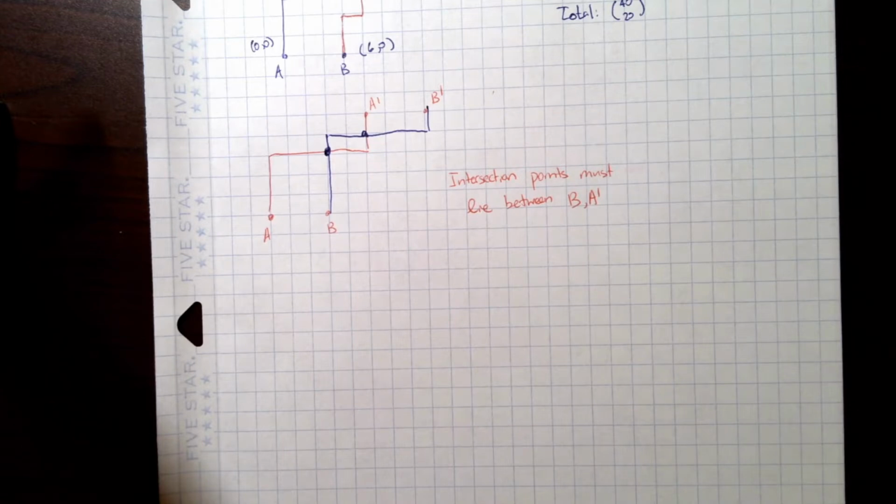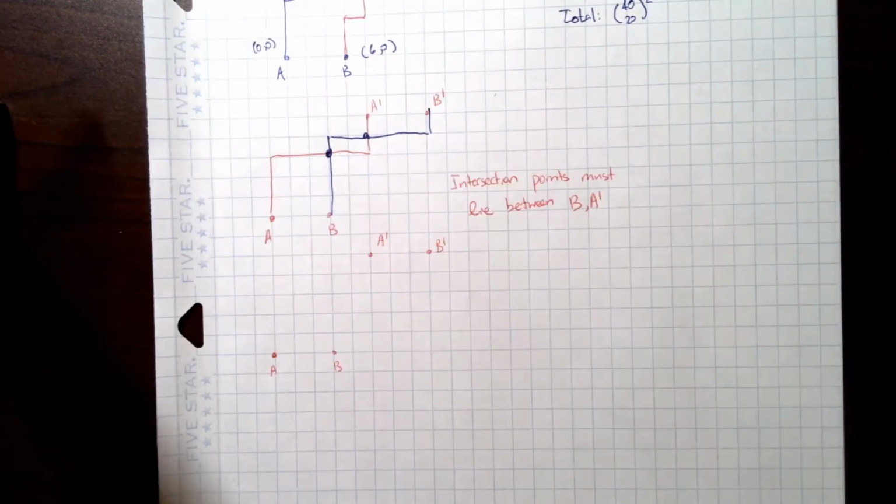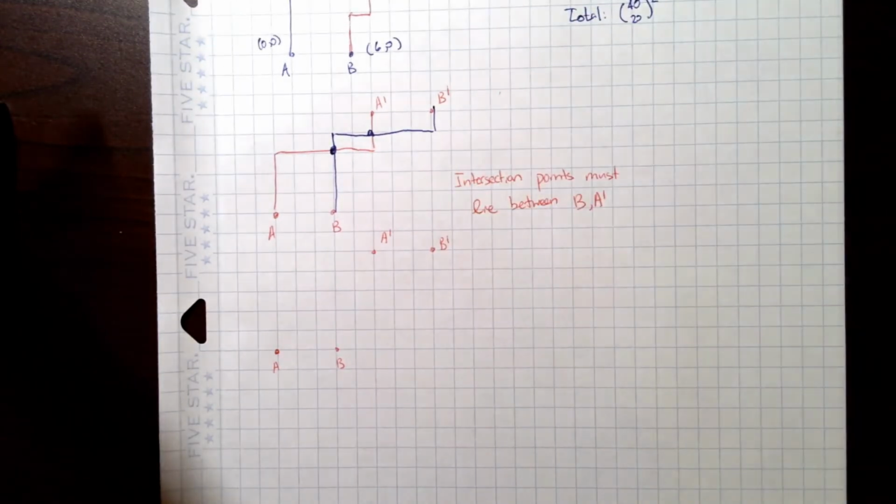This looks interesting, since we can actually draw the line from B to A' and a line from A to B', and that'll still give you all the segments. I'll show you what I'm talking about. Instead of this, we're going to do something almost the same but slightly different.